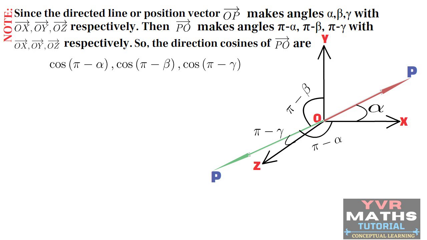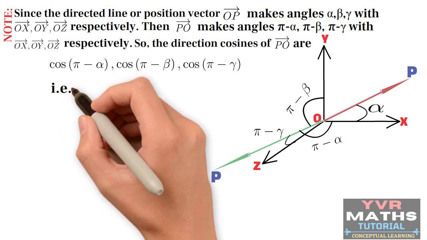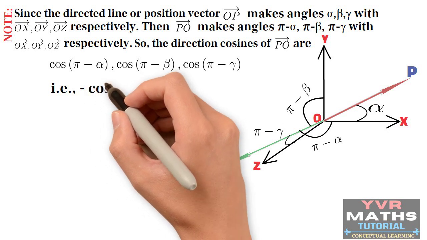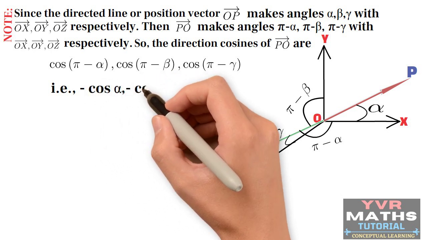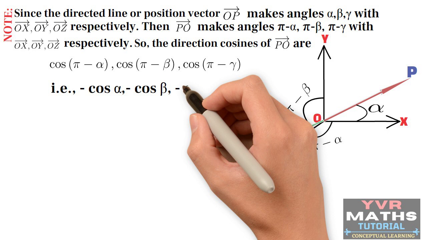We know from basic trigonometry that 180 minus theta is in the second quadrant. In the second quadrant, cos is negative. That is, cos of 180 minus alpha is minus cos alpha, the second one is minus cos beta, and the third one is minus cos gamma.